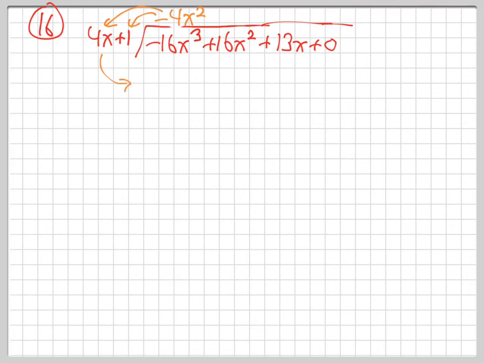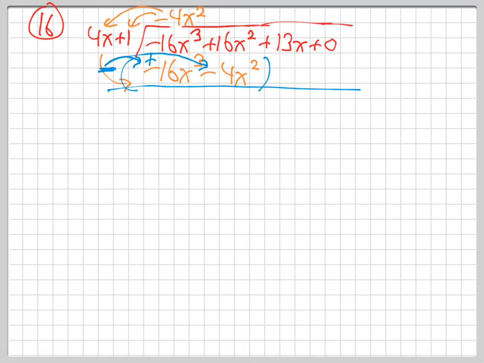And what do we get? Negative 16x to the third. See, it's an exact match. We make it that way on purpose. Minus 4x squared. But then we subtract, right? That's long division. You multiply and then you subtract that whole line. So that minus sign's going to distribute, make that plus, and make that plus because you're subtracting the whole line.